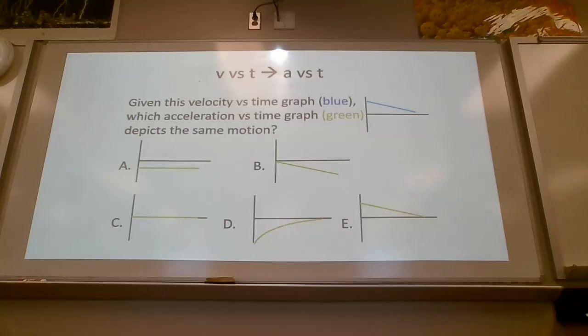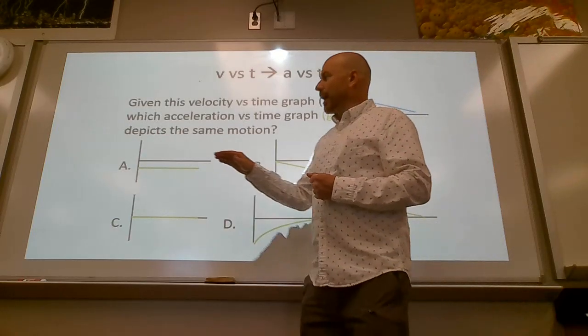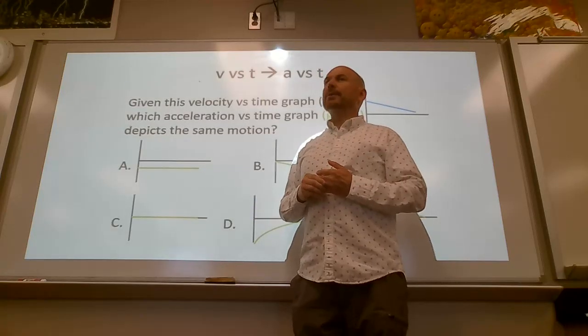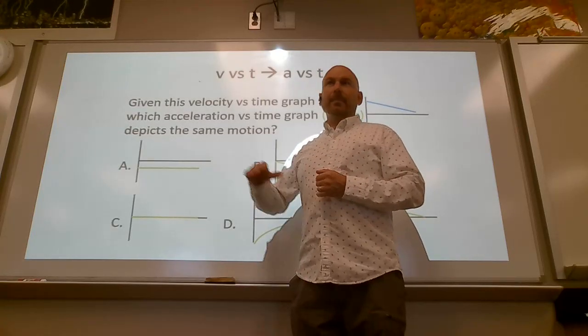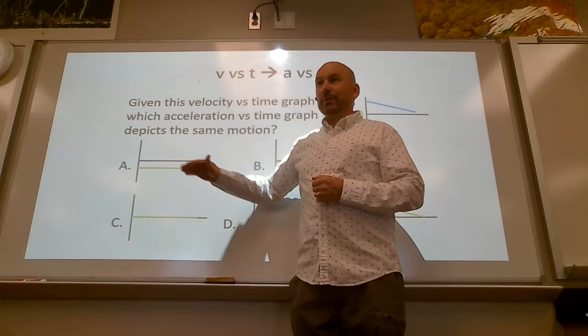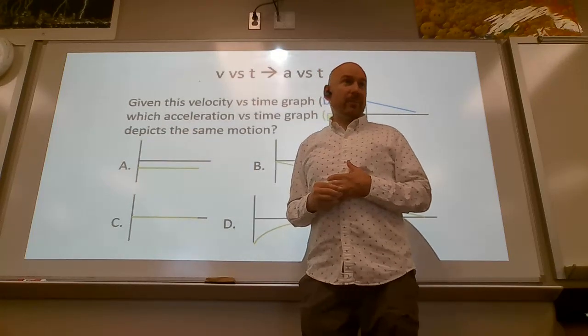Okay? Let me give you this insight. For this class, we are assuming that acceleration will be constant. So what that means on a graph is acceleration versus time graphs will always be horizontal lines. Positive, negative, or zero. That's really all I care about.